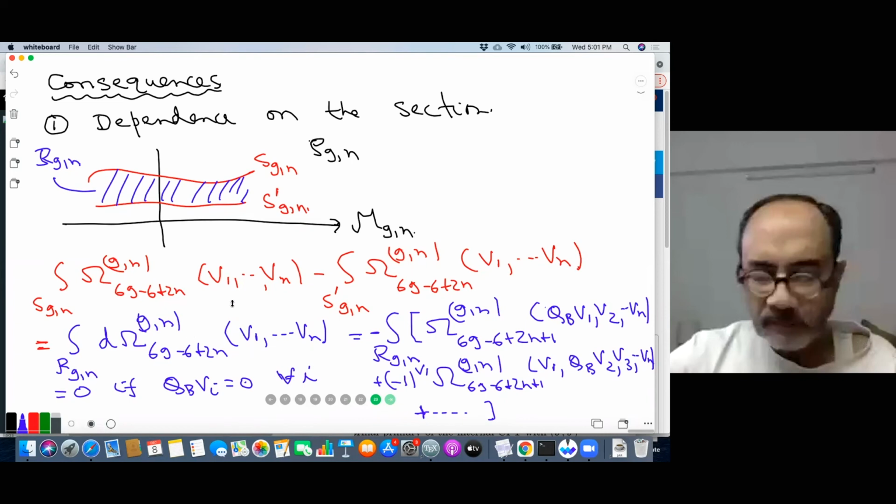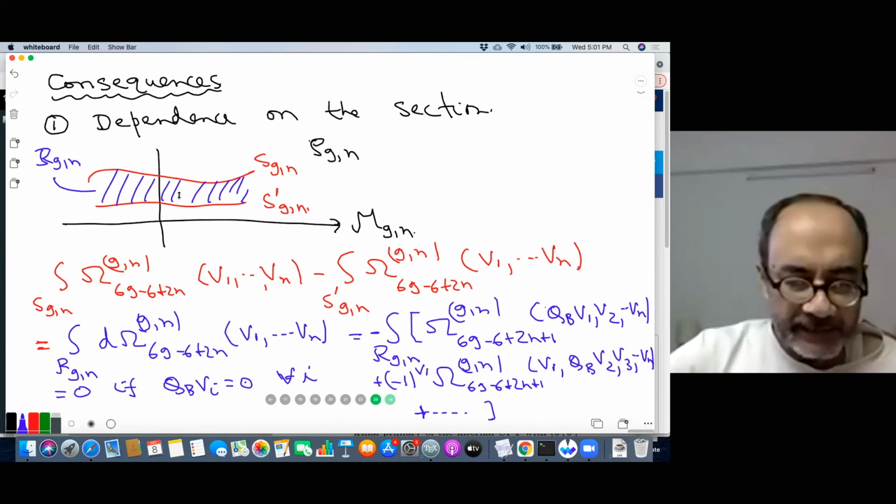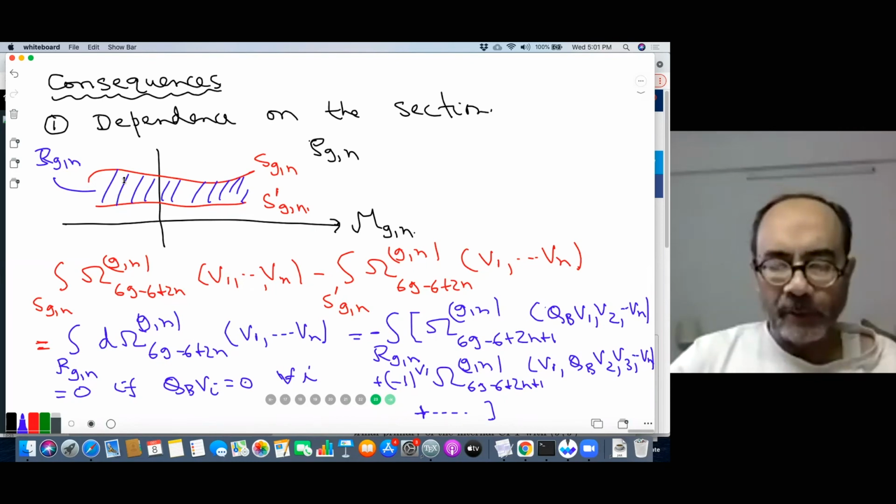Now I should say that the way I have drawn this, I drew this RGN, but in general there can also be contributions from the boundaries of MGN.